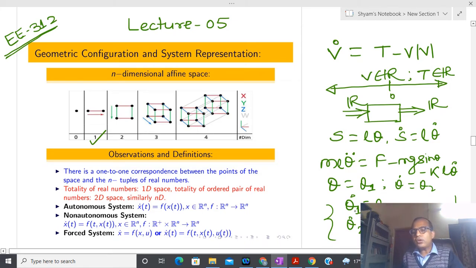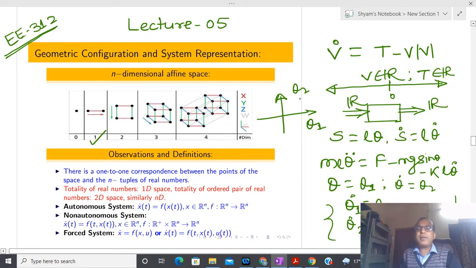Okay, so if you see geometrically, if you do not consider the time, I have two axes, that is theta 1 and theta 2. So basically this system is evolving in this particular plane, theta 1 and theta 2.